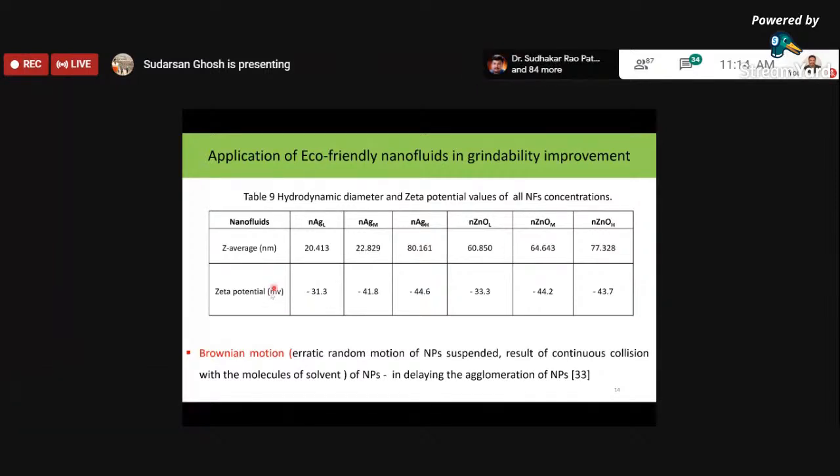The stability of the nanofluid is obtained by the zeta potential, through the further physics of the Brownian motion. Because of this zeta potential, the Brownian motion will increase, and consequently the agglomeration of nanoparticles will not happen, which in other terms will lead to the conclusion that your nanofluids will be stable.